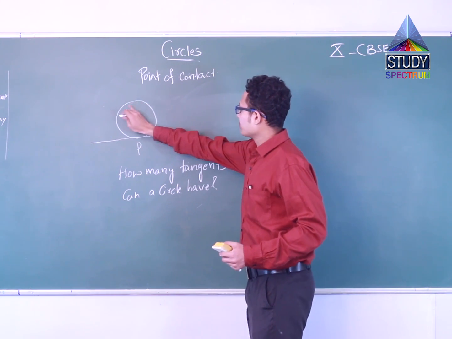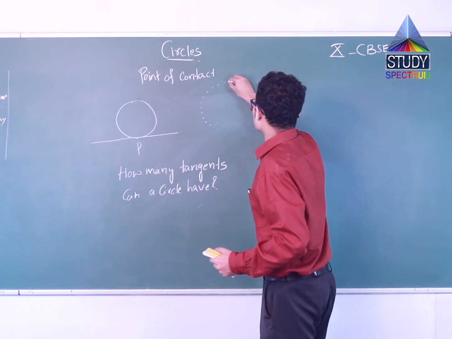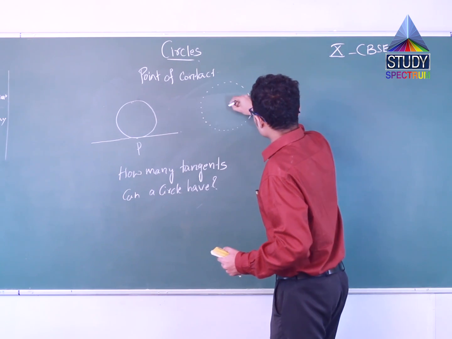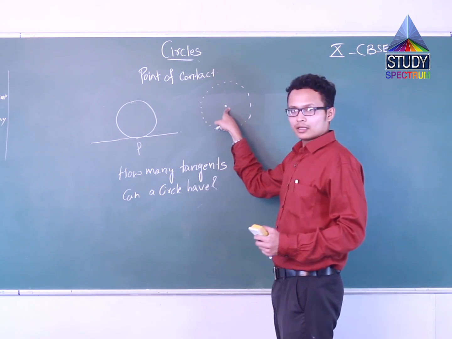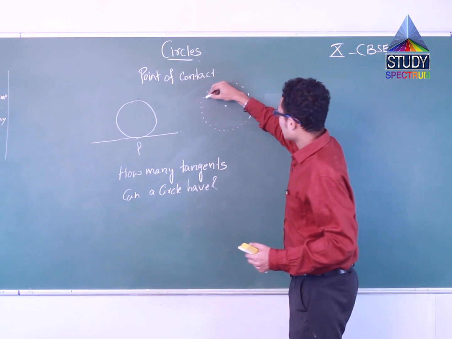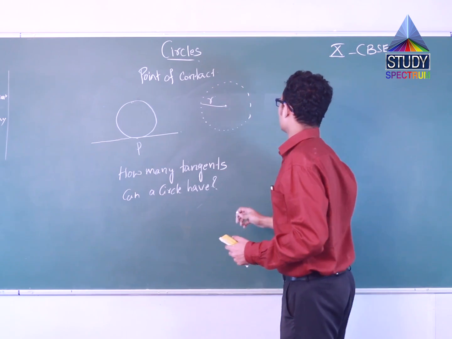A circle, as I've defined before, is a locus of a point which moves in a plane such that the distance of these points is a fixed distance from the center. If this is a center and this point moves around the center at a constant distance, then the distance is called r.